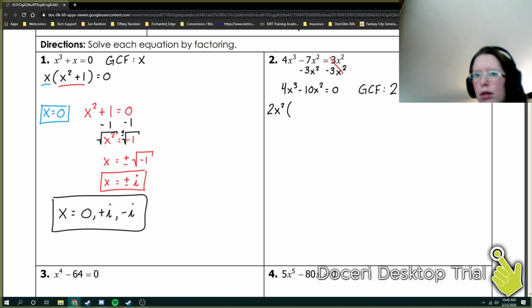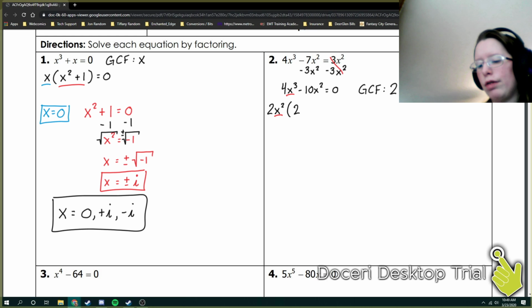Then I think about what's going to be left over. If I did 4 divided by 2, because I'm taking out that 2, it's going to leave me with 2. And I had 3 powers of x, I'm taking out 2 powers of x, so it'll leave 1 power of x behind. Then negative 10 divided by 2 leaves me with negative 5.